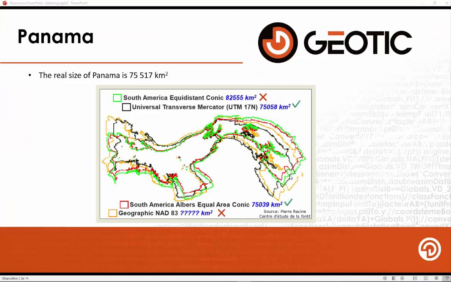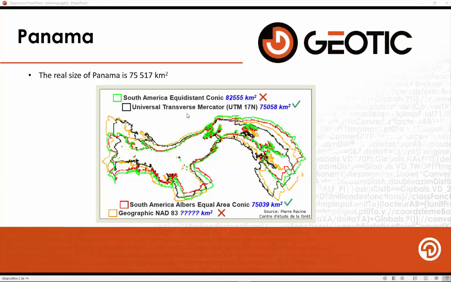You can see several datums on this map of Panama. They are quite similar, but some seem to be more distorted and they all have different sizes. There is the South America equidistant conic, for which Panama has a surface of 82,555 square kilometers.